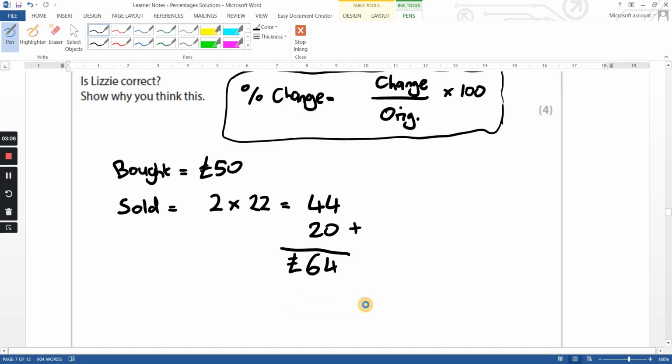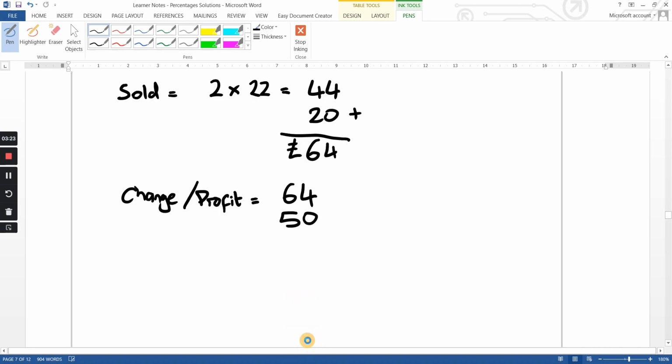So the difference, or the change in this case, I'll put change slash profit, is the difference between 64 and 50, which is obviously £14.